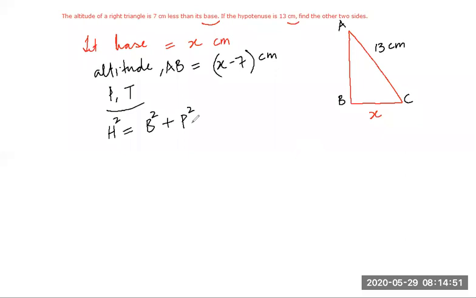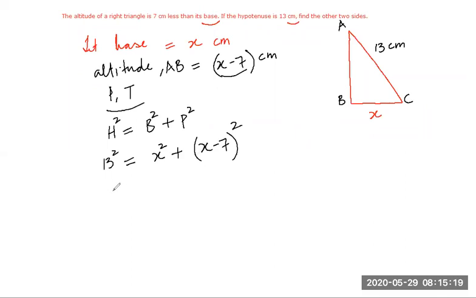So the hypotenuse is 13, so 13 square is equal to base square, base is x, so x square, plus perpendicular square. What is the perpendicular? x minus 7, whole square. This is one term. When we have the value of x, obviously we'll have the value for the perpendicular also.